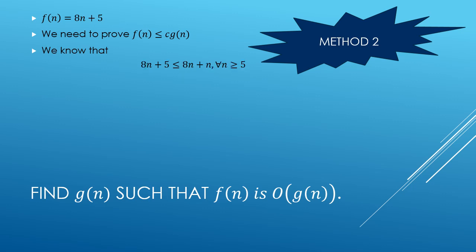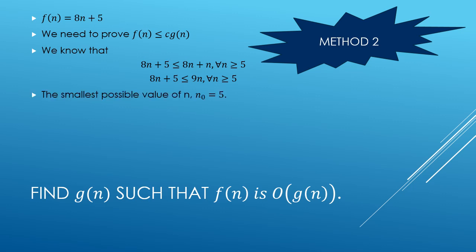So I write 8n plus 5 is less than or equal to 8n plus n for all n greater than or equal to 5. And then I can write 8n plus 5 is less than or equal to 9n for all n greater than or equal to 5.